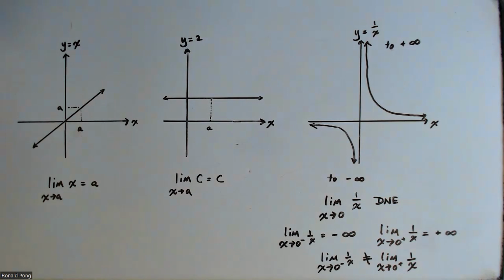Because the limit from the left of this function does not equal the limit from the right, we can conclude that the overall limit as x approaches 0 of 1 over x does not exist. We'll be using these three results going forward.